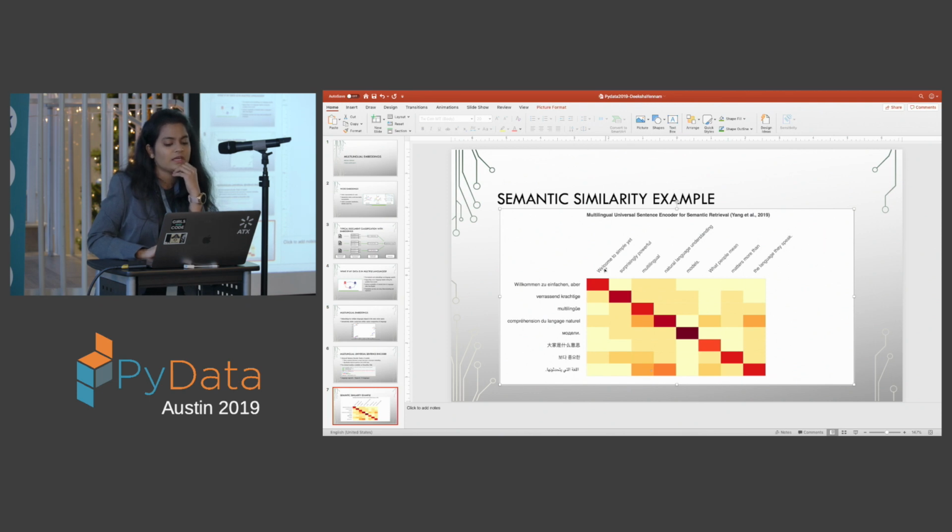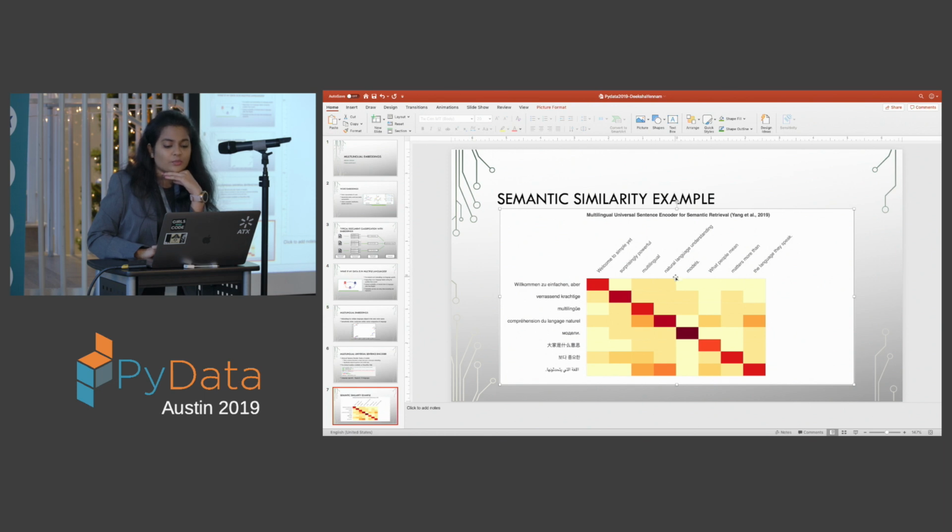So you can see that the diagonal is the extreme red, which means that the vectors for this sentence and this sentence are extremely similar. And also you can see, for example, natural language understanding and the language they speak. Both of them have the word language in them.